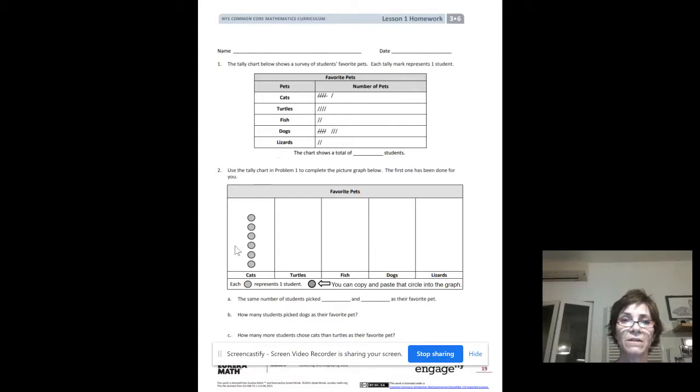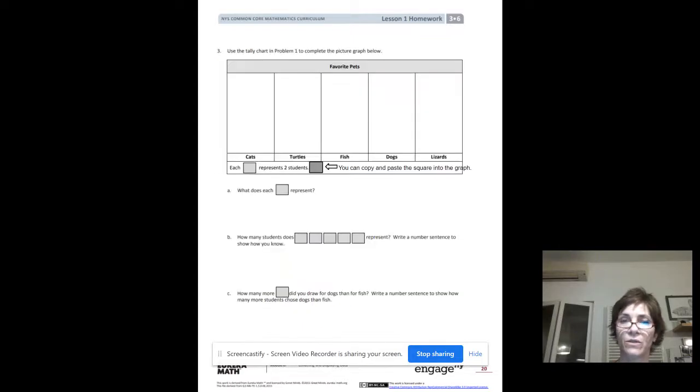So here I will have, since each circle represents 1 student, I will have 6 circles. Whereas here, how many squares am I going to draw if each square represents 2? 1 square is 2, 2 squares would be 4, and 3 squares will be 6. So yes, I will have 3 squares. So be very careful. You can copy and paste this square into this picture graph and then answer these questions.